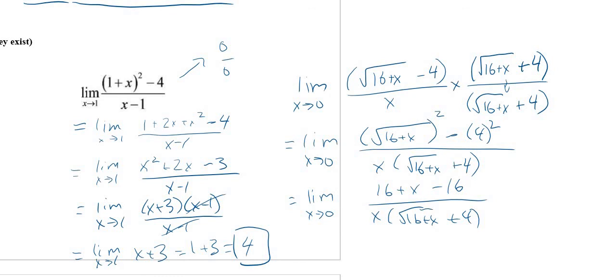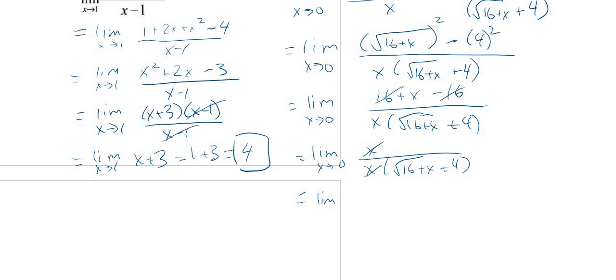And hey, look, we have a 16 and a minus 16, so those are going to cancel. That's going to be x over x times (root(16 plus x) plus 4). And hey, look, now we have an x up top, x on the bottom. Those can cancel.